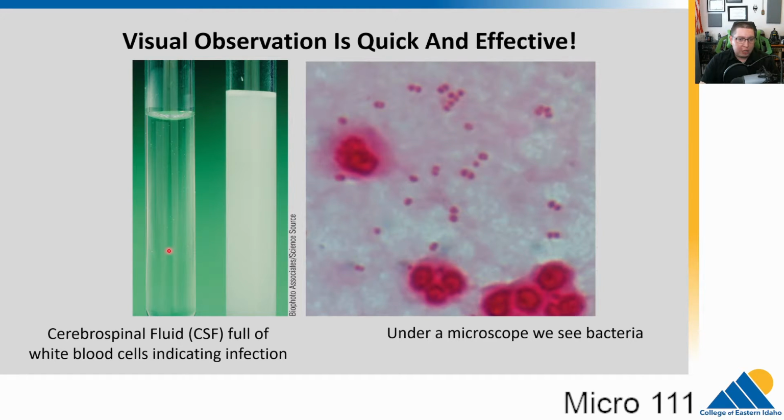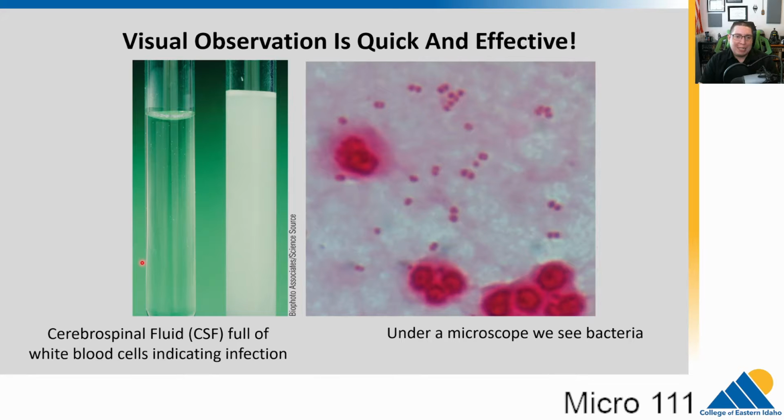One of them is clear and one of them is cloudy white. So this is cerebrospinal fluid. So that is literally the fluid that is in your spinal column, basically, and goes up and coats the brain in the meningeal area.